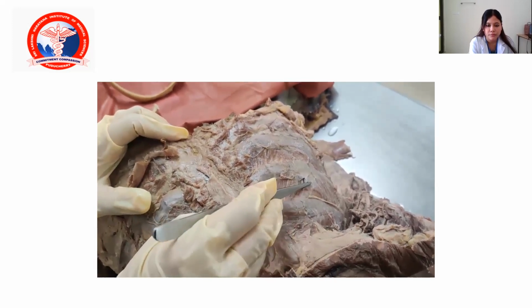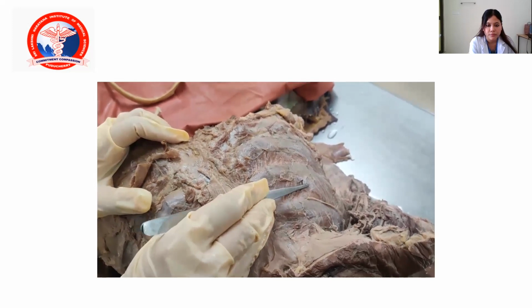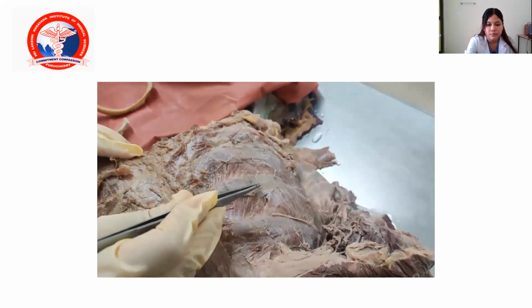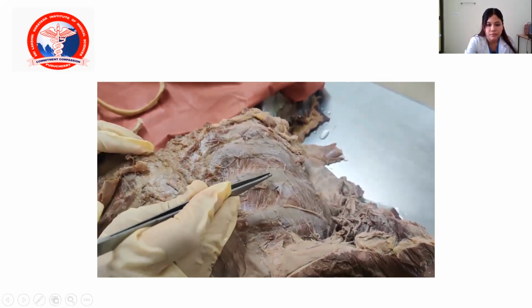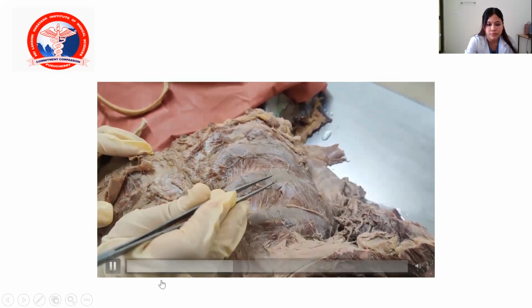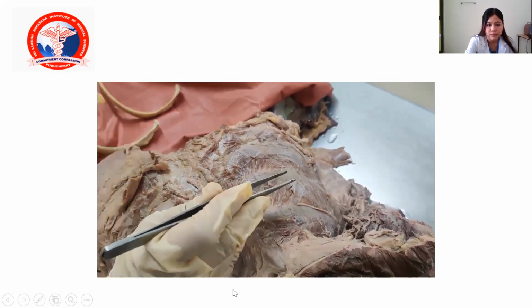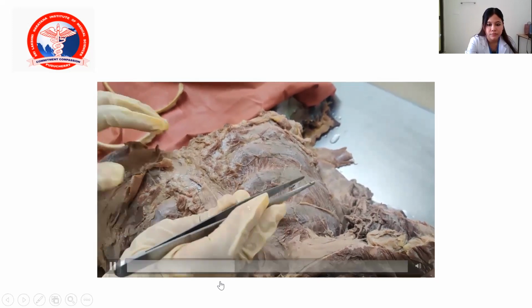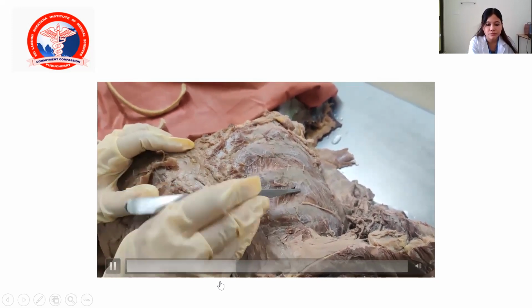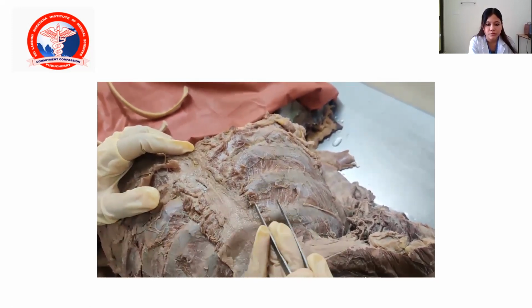It extends from the costochondral junction anteriorly to the angle of the rib posteriorly. Now this part is the most anterior part.